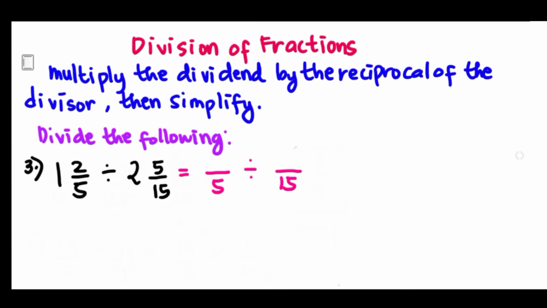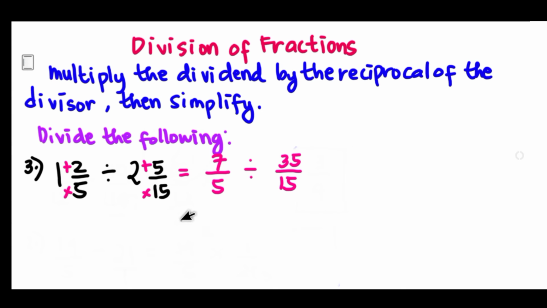So, para makuha yun, we will multiply yung denominator tsaka yung whole number and then add sa numerator. So, ganoon din dito. So, 5 times 1 is 5 and then plus 2, that is 7. And then 15 times 2 is 30 plus 5, 35.